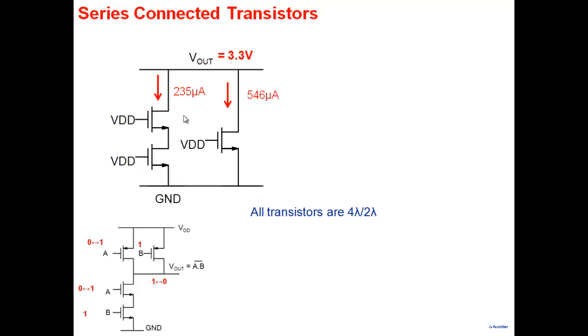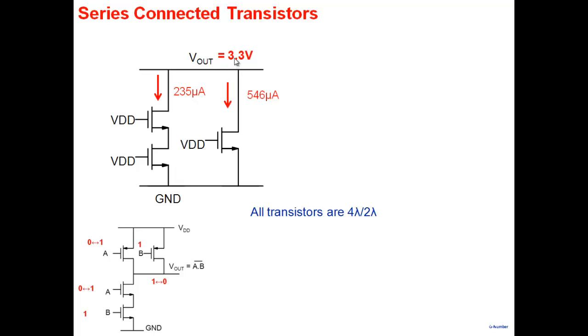With some effort, I can see that one transistor may be in saturation, the other in linear, and so on, and with some calculation we can calculate this. But these results are from simulation. So 546 here and 235 here. So what it says is if you choose these two transistors as 4 lambda by 2 lambda, the current in this particular branch would be roughly half of this, when this particular node is 3.3.